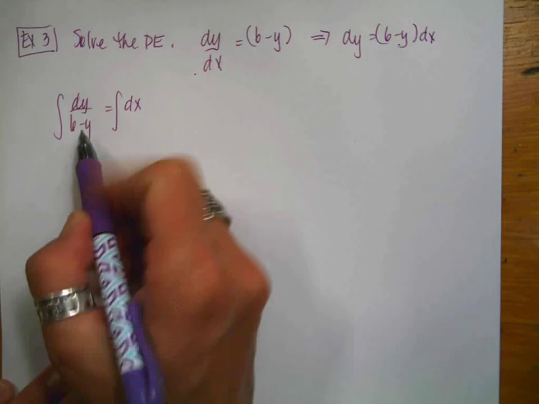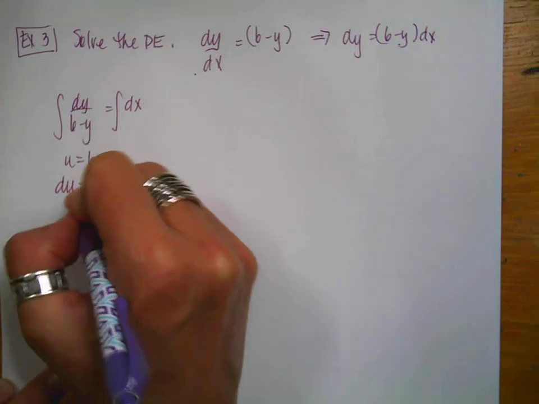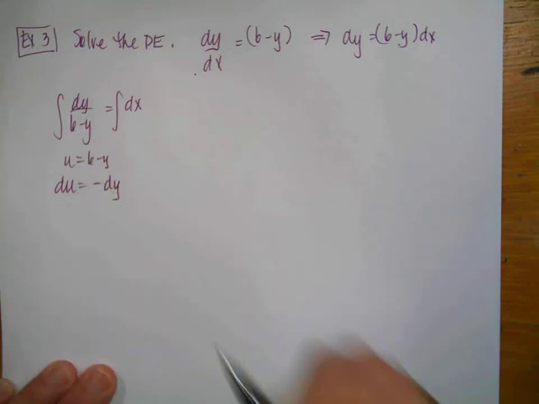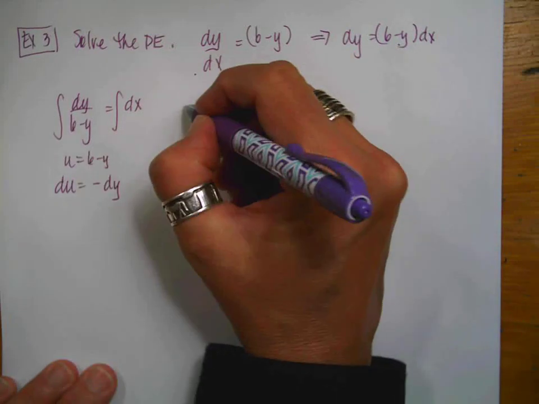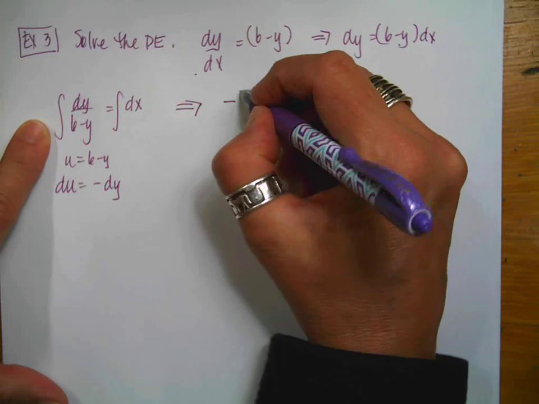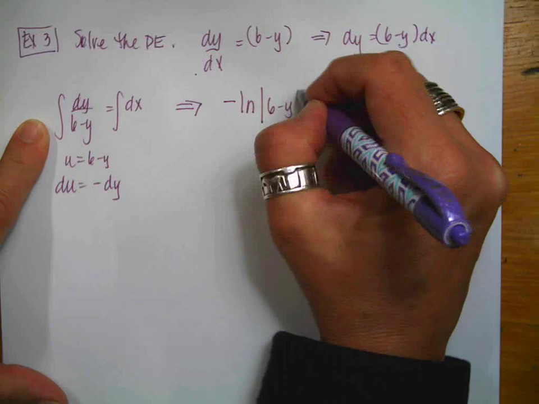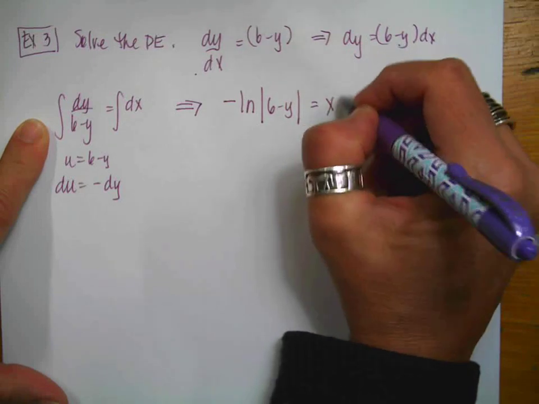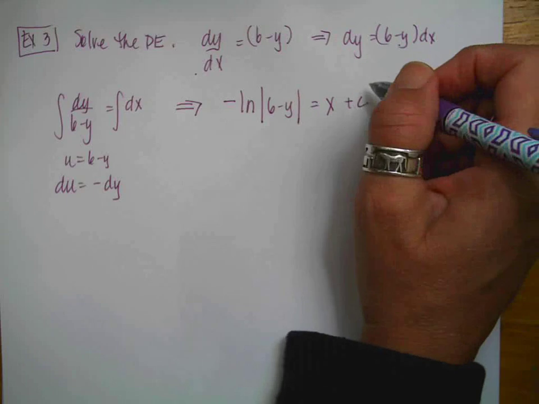On this one, I'm going to go ahead and show my u substitution. So I'm going to write u is equal to 6 minus y, so my du is a negative dy. So I need to introduce a negative. So my integration is going to become a negative natural log absolute value of 6 minus y is equal to x to the first plus c, okay?